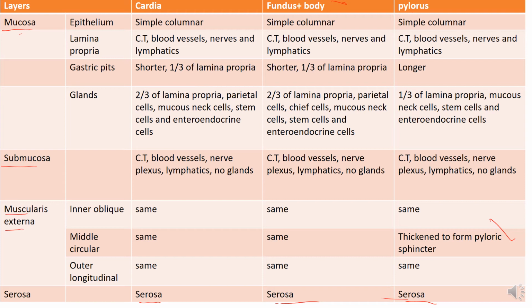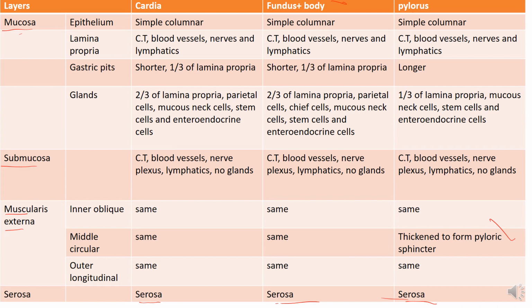Now coming to the glands, in the cardiac region, cardiac glands are present, and they cover about two-thirds of the lamina propria, and cells present in the cardiac glands are the parietal cells, mucous neck cells, stem cells, and enteroendocrine cells.